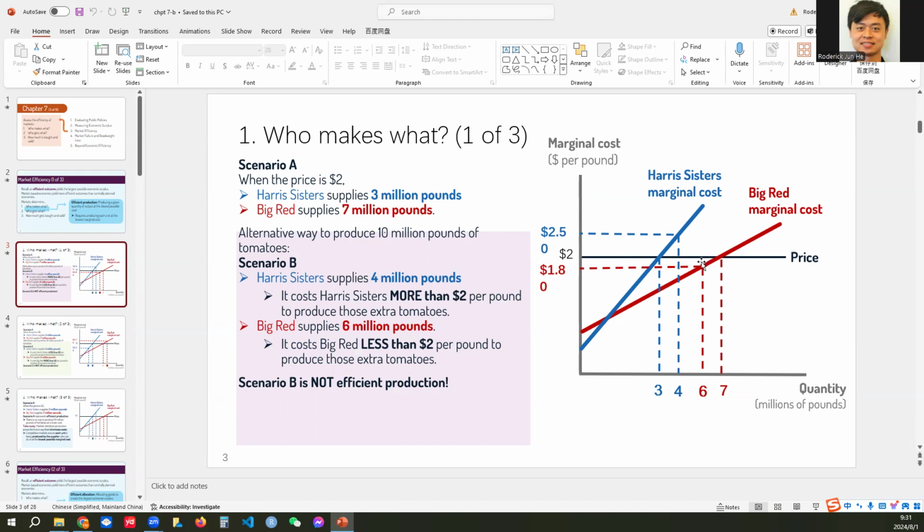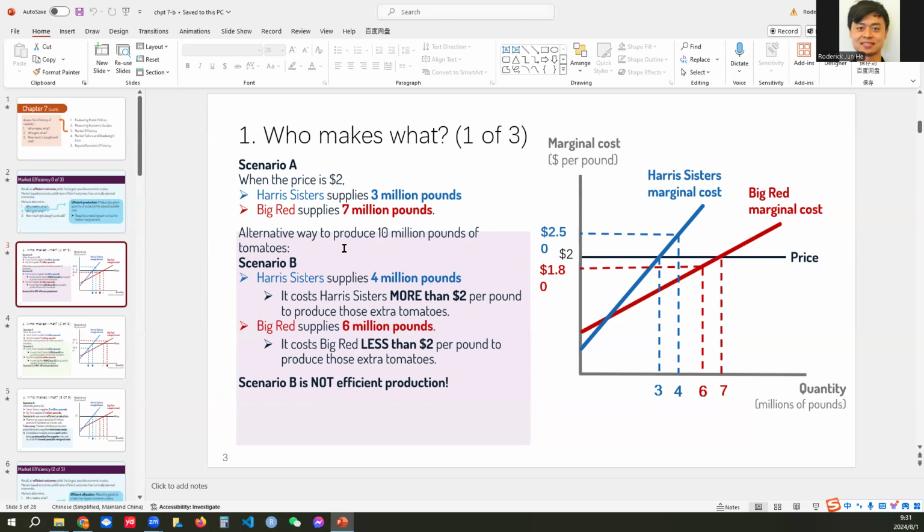Yes, but the thing is, between 6 and 7, firm 2 actually could have made more profit. Because still, between 6 and 7, you see their revenue is $2, which comes from the market price, and their marginal cost is lower than $2. So for each pound they produce, they could have made more profit, but they didn't.